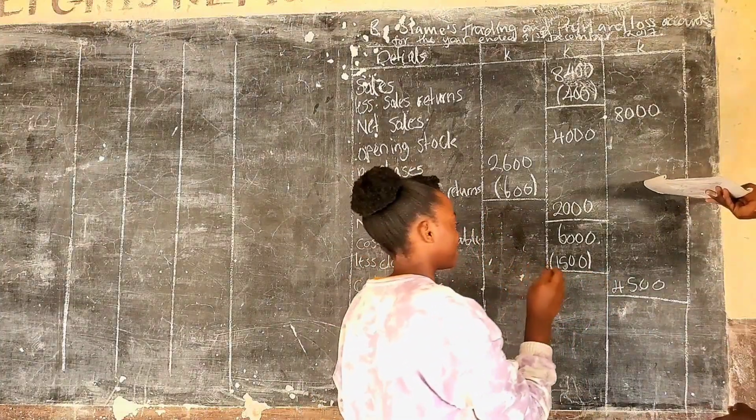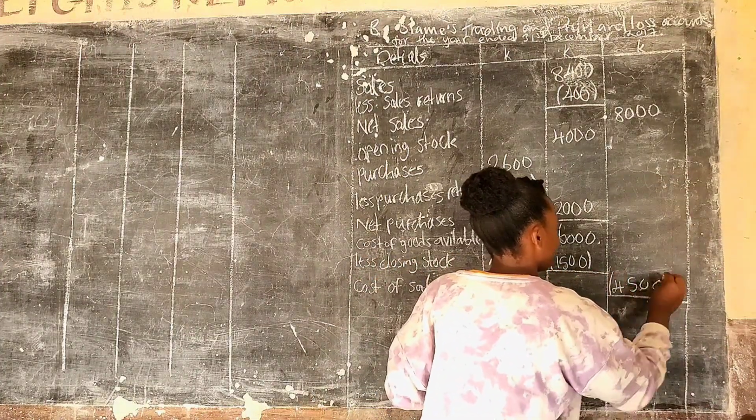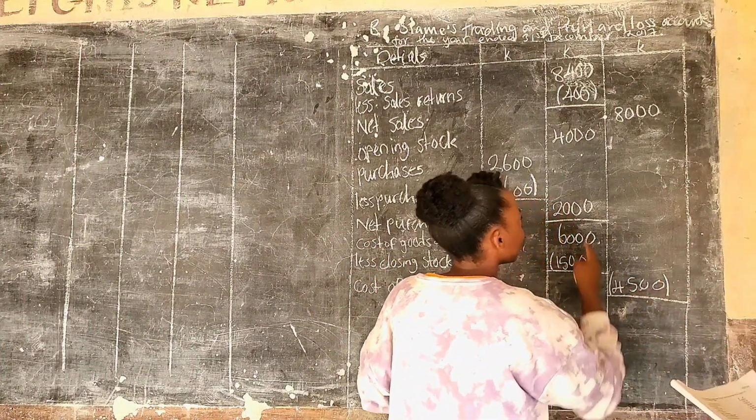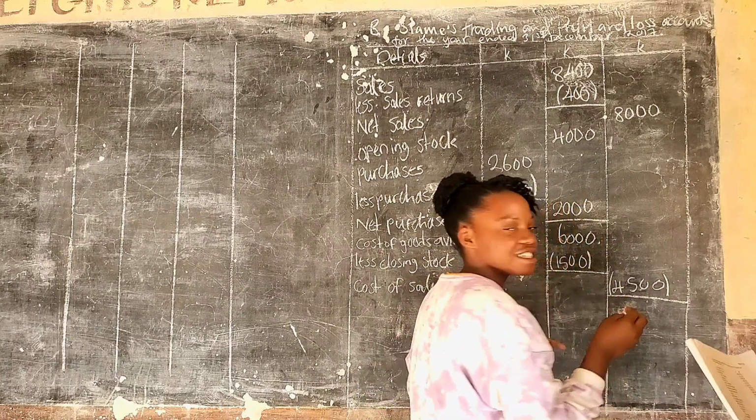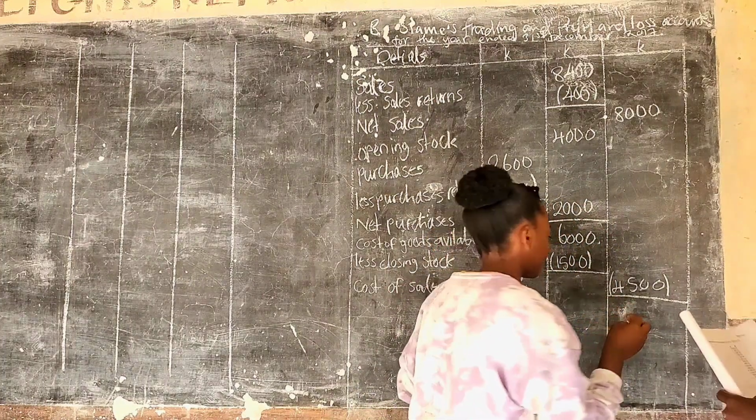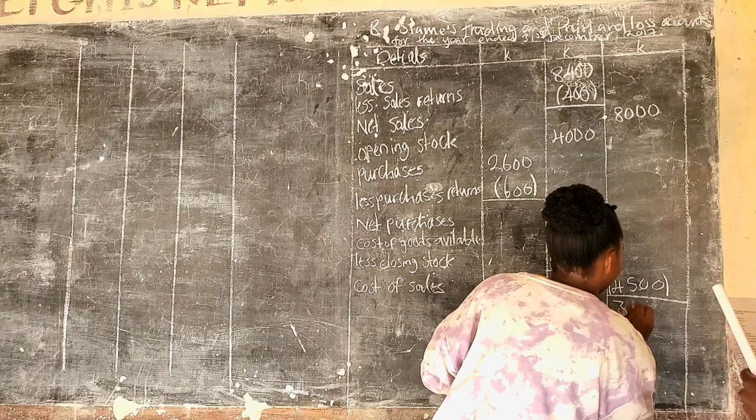It's subtracting, so we show with the brackets that we're subtracting. It's 3,500. Thank you.